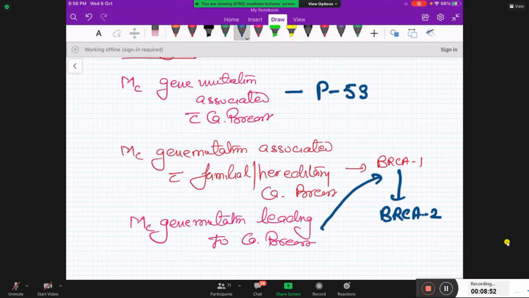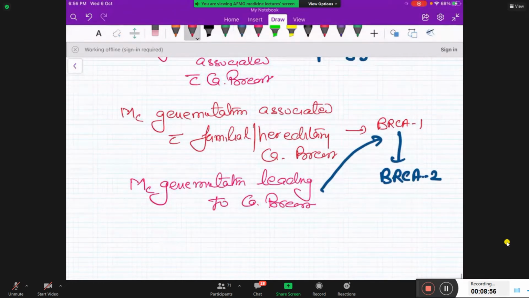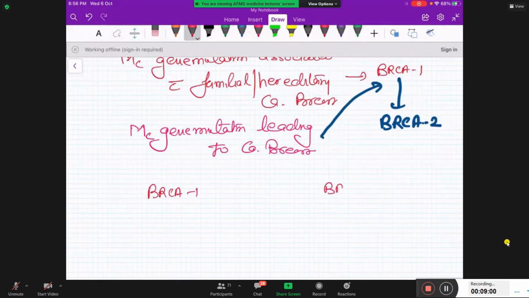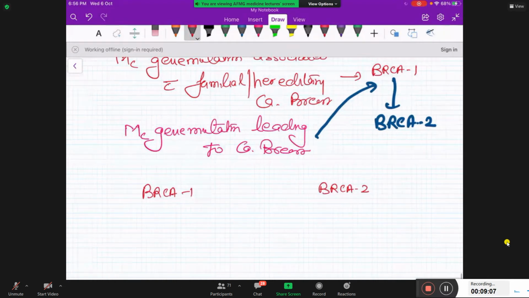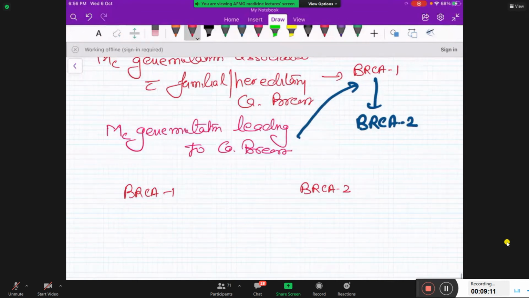Now, we should know a few important points about BRCA1 and BRCA2. First of all, can you tell me what type of genes these are?